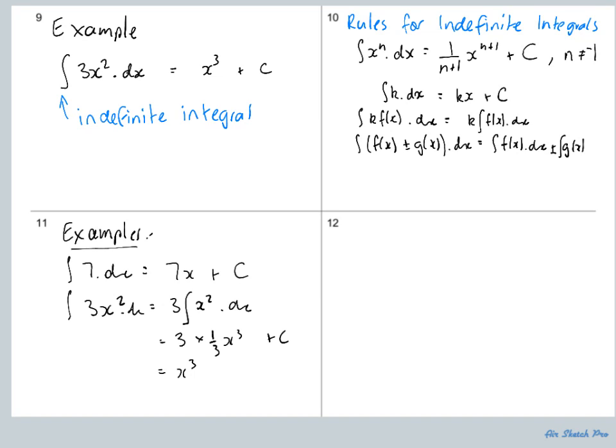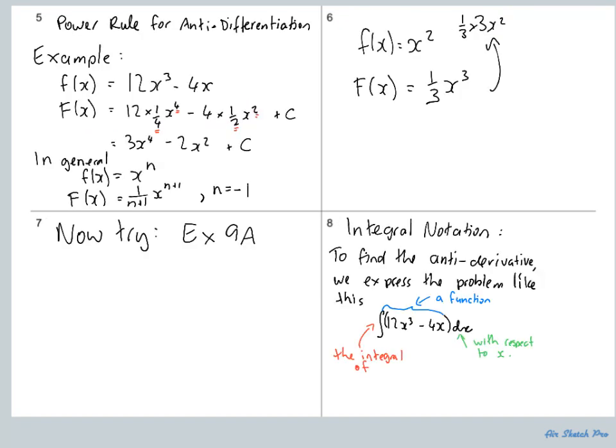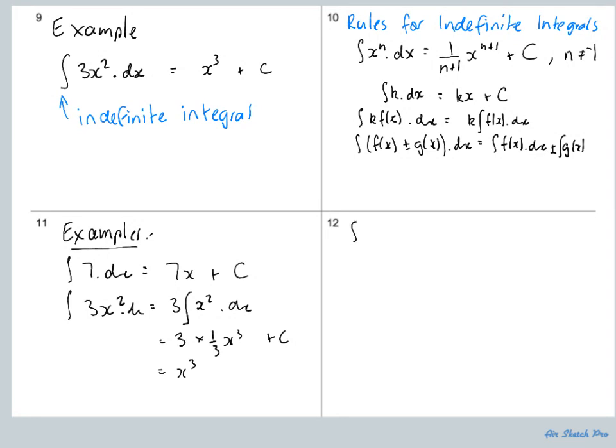All right, so an example of that one would be maybe that other example we had again. What was it? 12x cubed minus 4x. So the integral of 12x cubed minus 4x with respect to x would be equal to the integral of 12x cubed minus the integral of 4x. Sorry, I forgot my dx's. Minus the integral of 4x with respect to x.